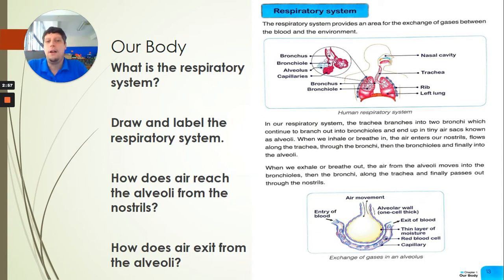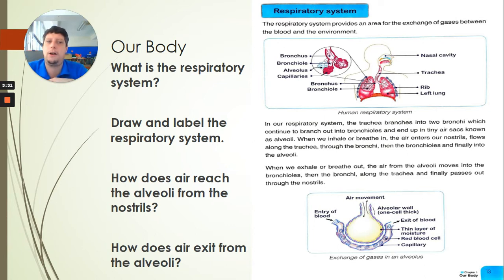Okay. In our respiratory system, the trachea branches into two bronchi, which continue to branch out into bronchioles and end up in tiny air sacs known as alveoli. So after we have breathed it in and the air has gone down through our trachea, it goes into our lungs, which is something called the bronchi, okay?